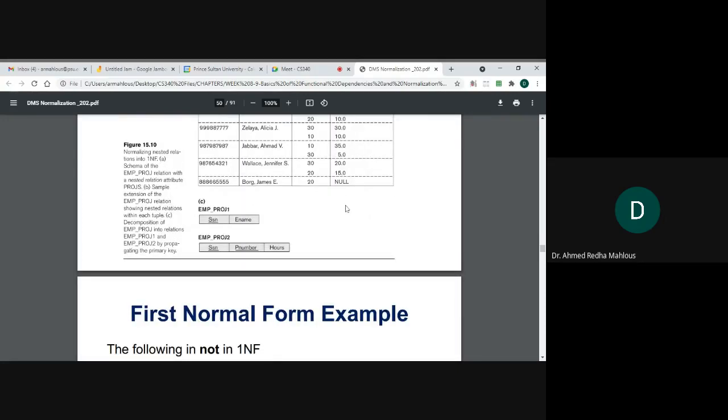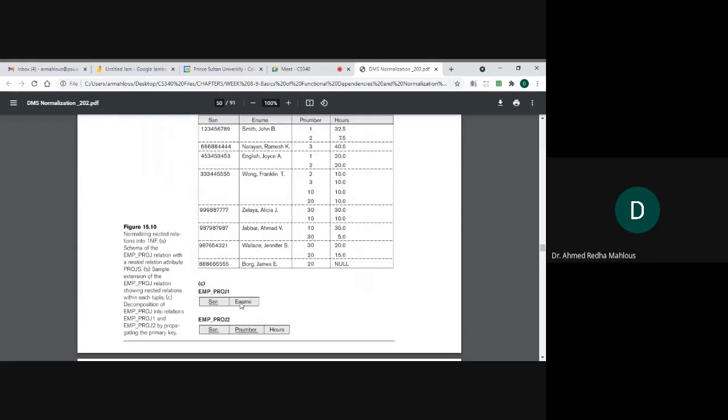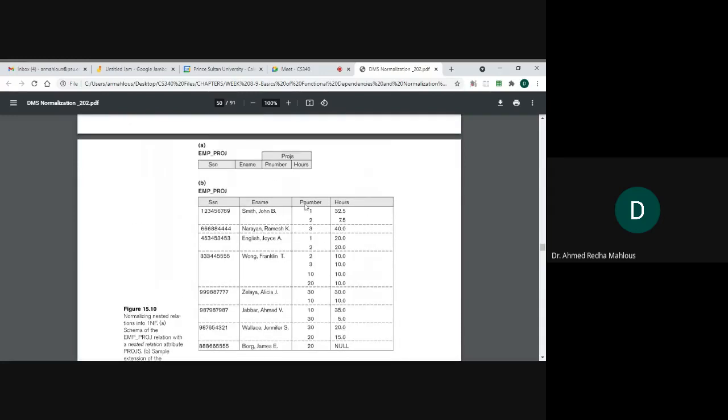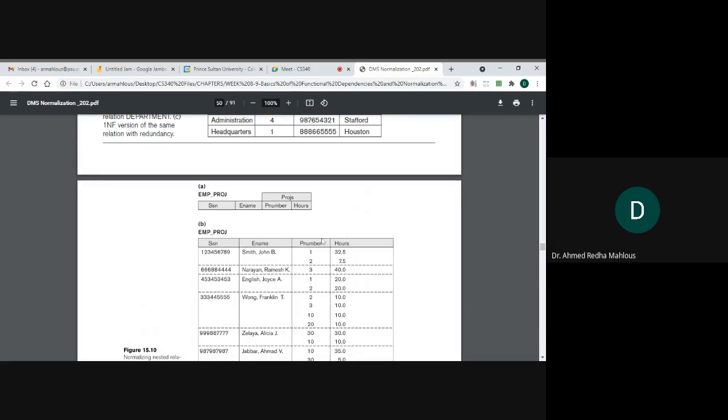So you need, for instance, to divide it, like here, into SSN and E name on its own, and SSN and P number on its own with the number of hours. In this manner, you will automatically have different tuples with a combination of P number and SSN, because P number is multi-valued.